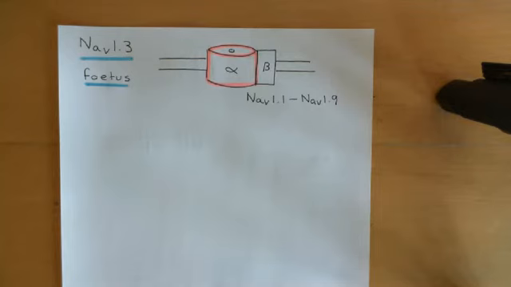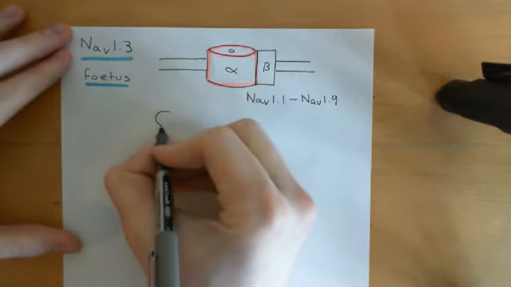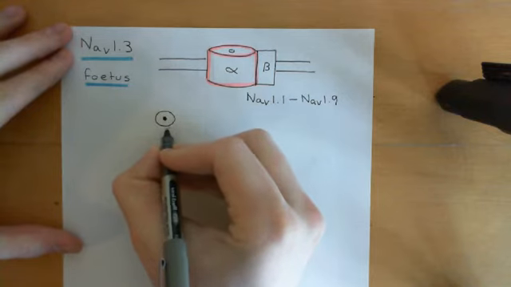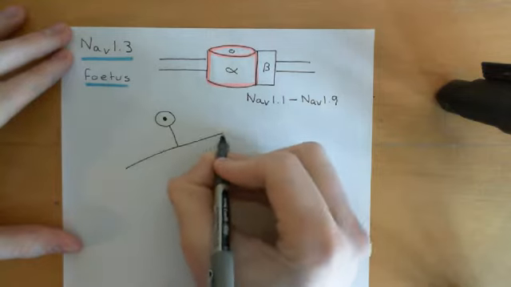The problem is that these NaV1.3s tend to cluster together when they're put into the membrane, so you get huge clusters of NaV1.3 which are really, really dense, and it seems to be these clusters that are then capable of generating spontaneous action potentials. So let me draw a primary nociceptive afferent here. Here is its cell body, here is its peripheral process, and here is its central process.